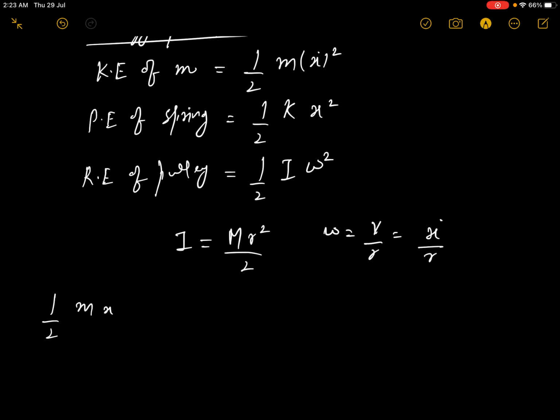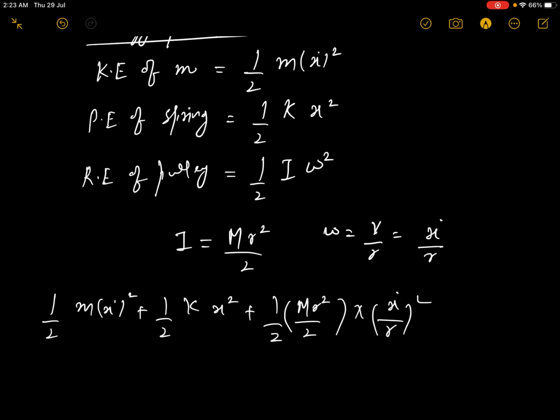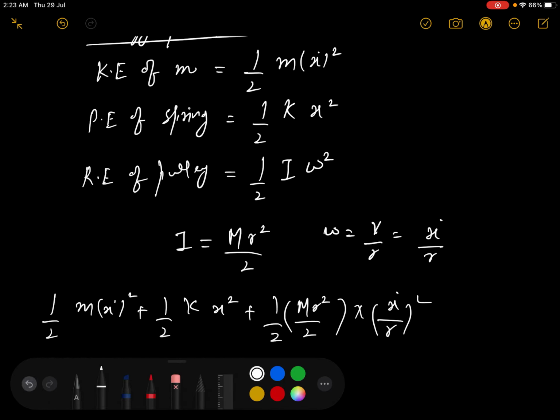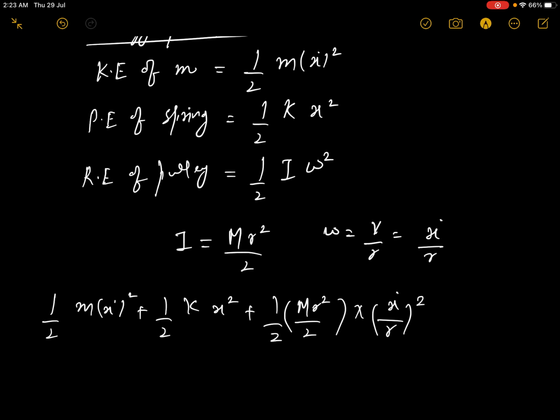Half m x dot square plus half k x square plus half m r square by 2 into omega, that's x dot by r, whole square, equal to, let's say, a constant.